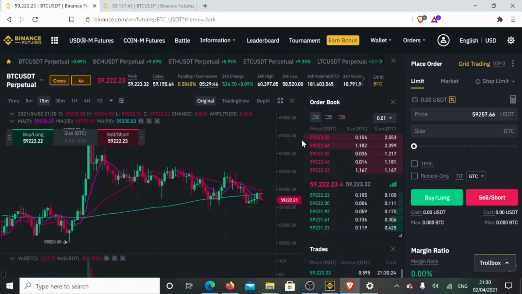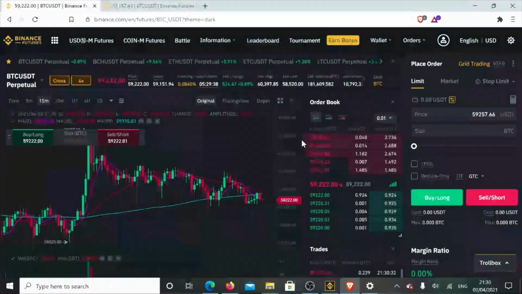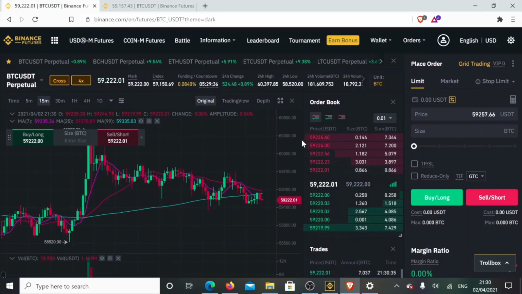That's the first major reason. The second reason is you don't actually own any asset on the futures. What you're doing is just trading. You are getting a contract to trade on this movement. That means, for example, right now here you can see the price of Bitcoin is 59,200, and you think, okay, this price is too high.